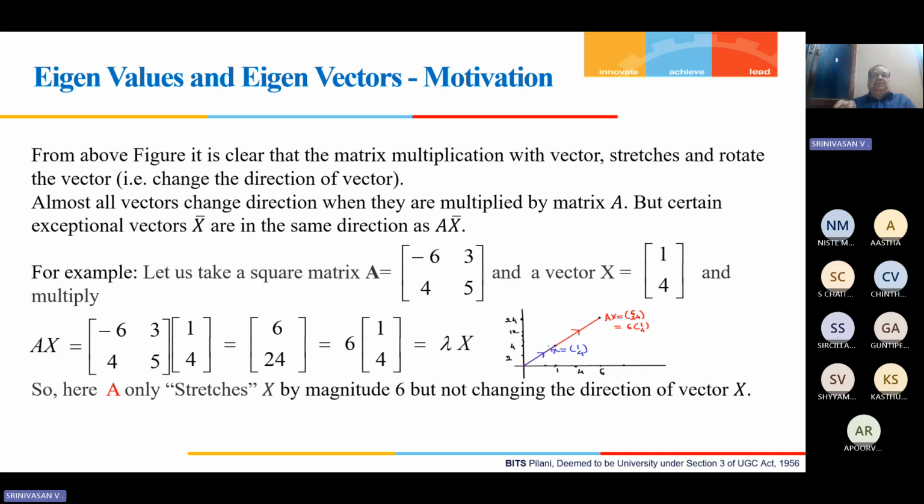That is, change of direction of the vector, isn't it? Almost all vectors change direction when they are multiplied by a matrix A. But certain exceptional vectors stay in the same direction as Ax. So in general, when you multiply a vector with a matrix, definitely it gets stretched and also gets rotated.